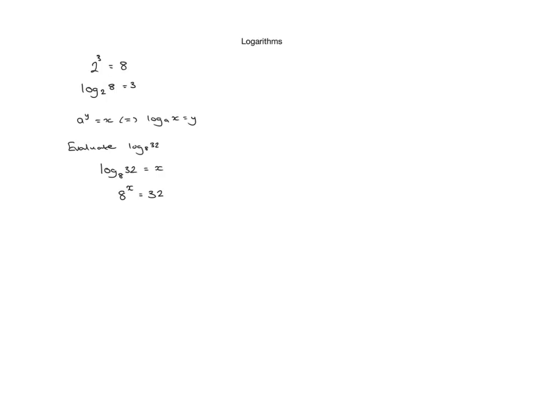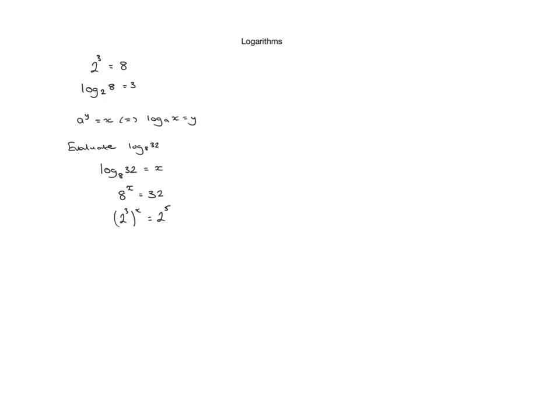Once we have that, we're going to be using our index laws, or the way that we solve index equations, which is in one of my previous videos. The first thing we need to do is get the same base. We should be quite happy that 8 is 2 to the power of 3, all to the power of x, and that's equal to 32, which is 2 to the power of 5. 2 times 2 is 4, times 2 is 8, times 2 is 16, times 2 is 32.